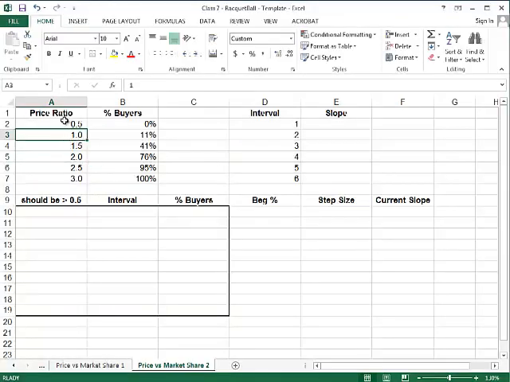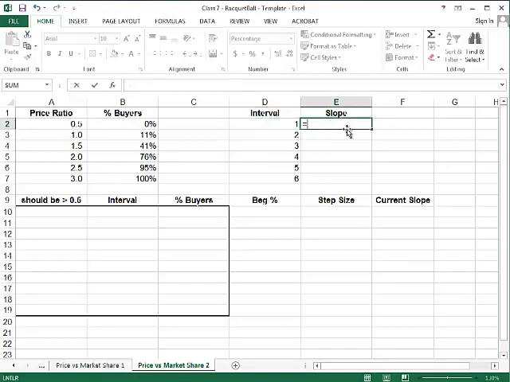Now I'm going to use that concept of linear interpolation here. I have 6 intervals here, and I'm going to find the slope in each interval by looking at the end percentage minus the beginning percentage, divided by the end price ratio minus the beginning price ratio.